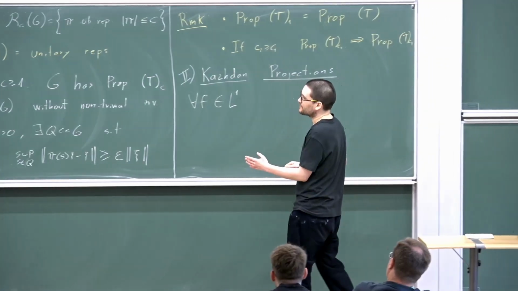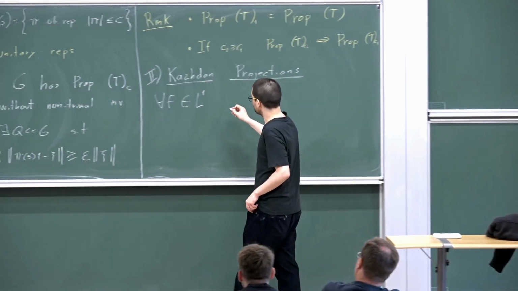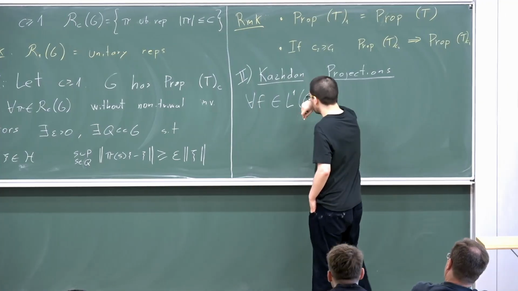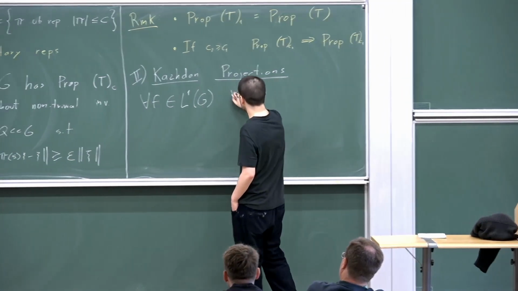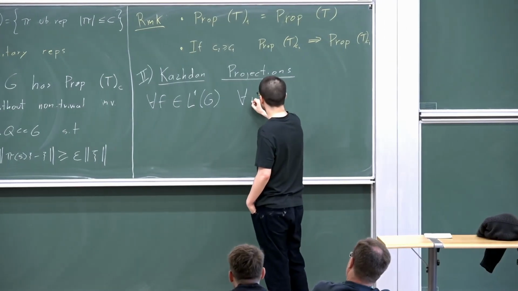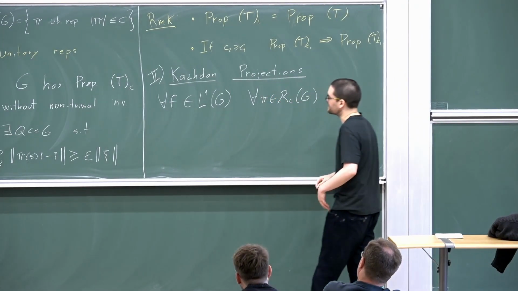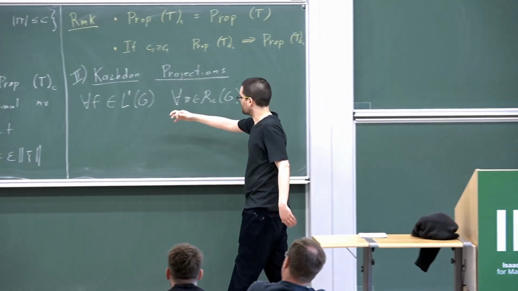is locally compact, so I can endow it with a left Haar measure, and I can consider the L1 space of it. And for every function in L1, and every representation in this class, I can extend the representation to this function.